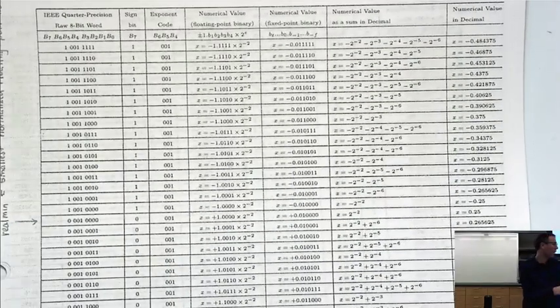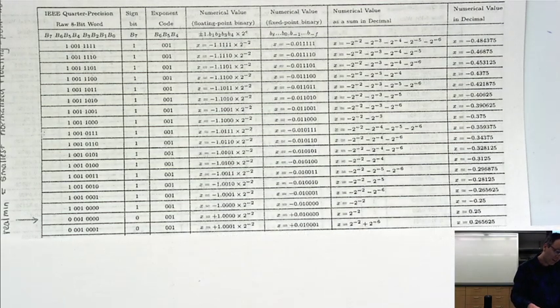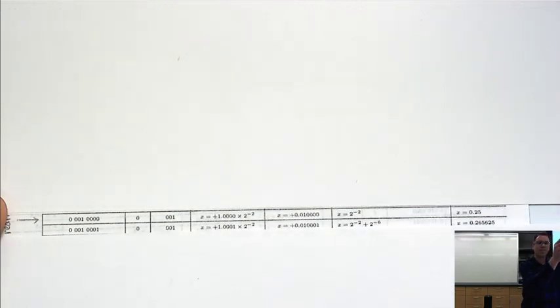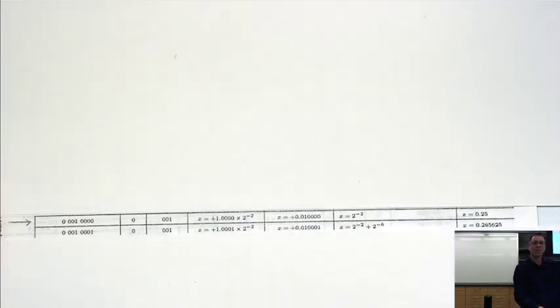A lot going on in that table. Yeah. So check this out. Let's focus in just on that line. Can you see it? Okay, what are you noticing about those two floating point numbers? Only off by a bit.